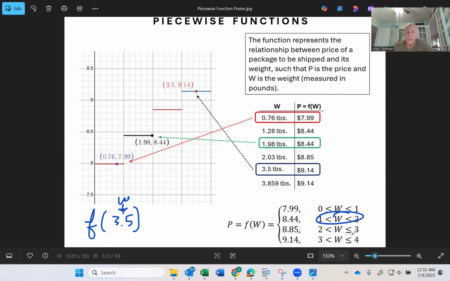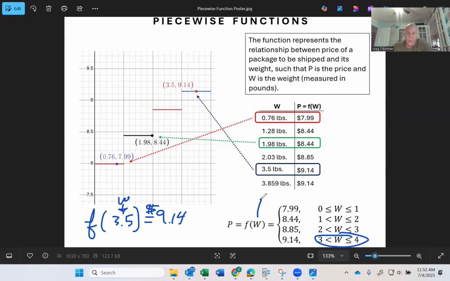No. Is 3.5 in that one? No. Is 3.5 in that one? No. Is 3.5 in that one? Yes. So it pertains to this one here, which means that's going to be our y value, our price. So then we would say $9.14. Okay. That's how it works.